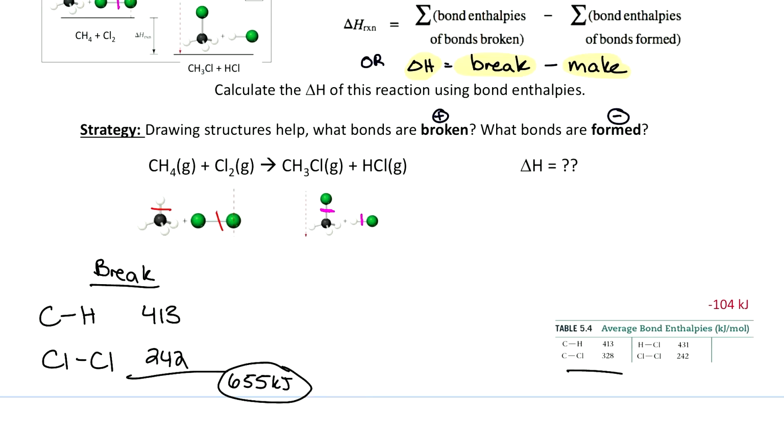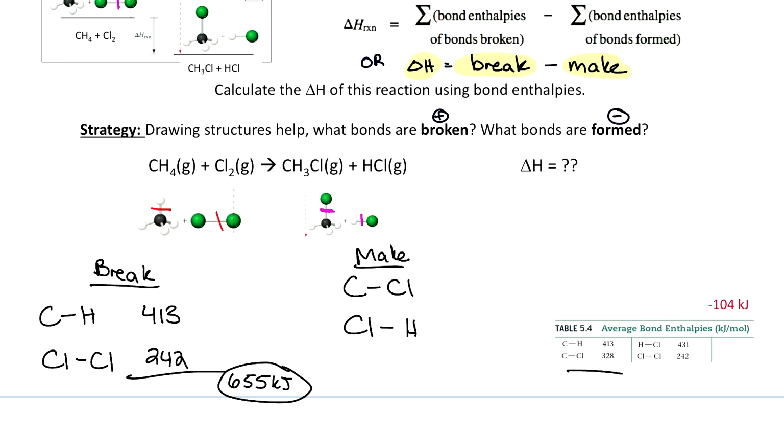Now that they're broken, I can swap their places. But in doing that, I form new bonds. So let's look at the new bonds that I form. Now, what kind of bond is this? This is a carbon-chlorine bond, so I'm going to make this bond. And what is the other bond that I make? What's this bond right here? This is a chlorine-hydrogen bond, right?